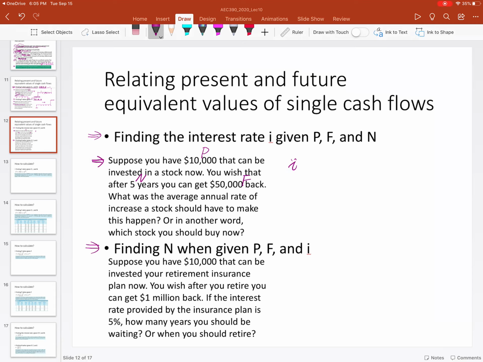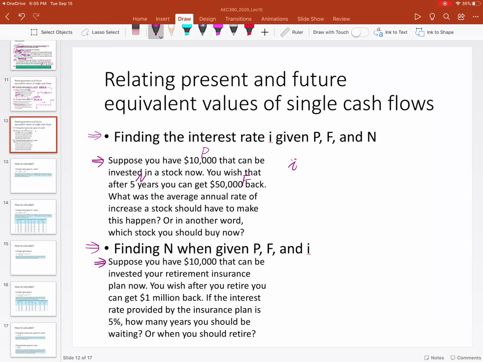Okay, then the last scenario is finding the N when given P, F, and I. So you know your present value, you know the equivalent future value, you know the interest rate, but you don't know how long it's going to be to make the present value equal to the future value.